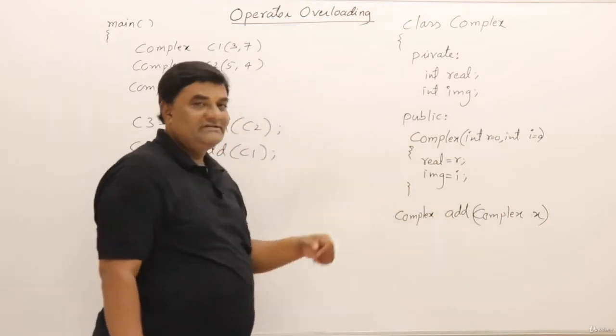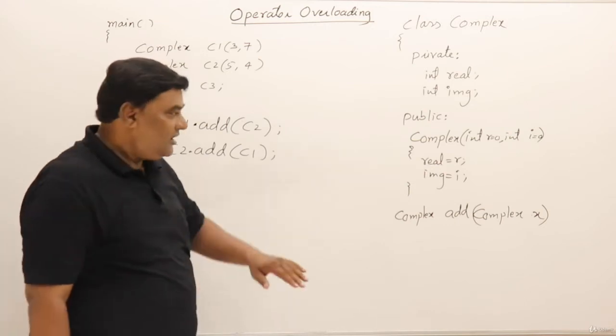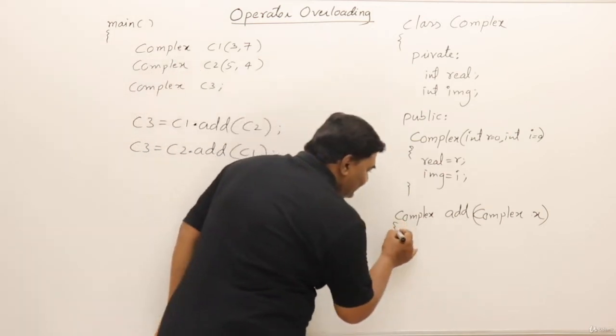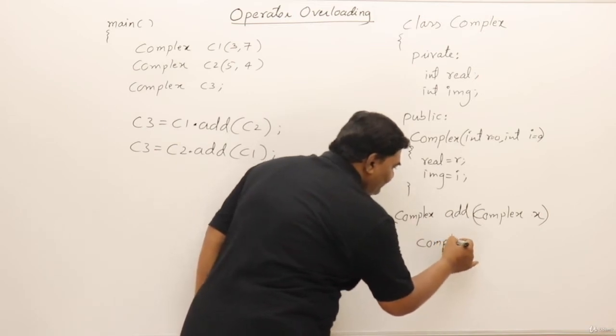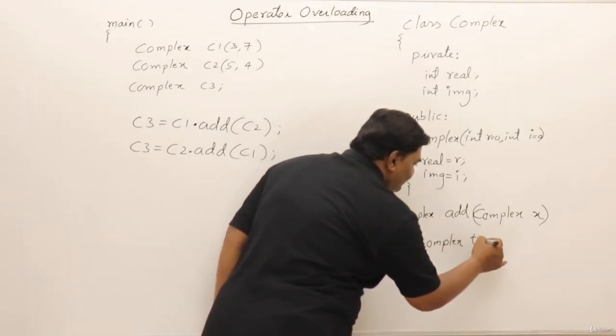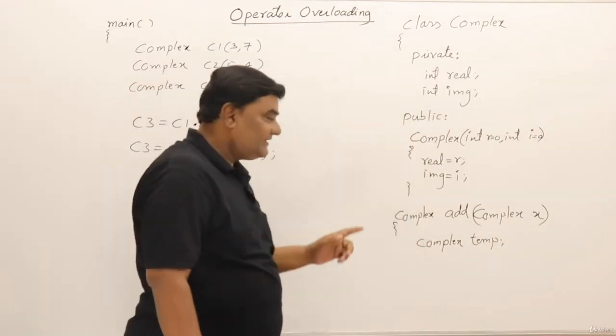Yes, this becomes the signature of an add function. Now how will it add? Inside this we will take a temporary complex number, temp, for getting the result. This is a temporary variable for adding two numbers and storing the result.